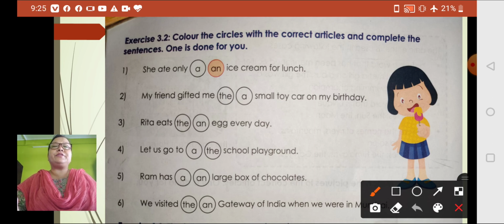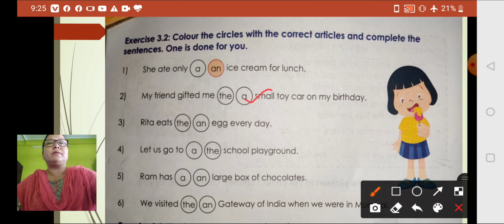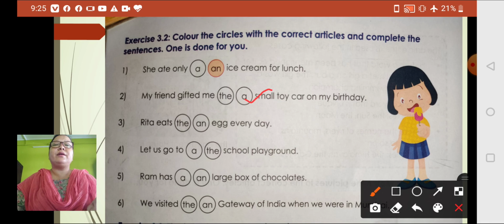My friend gifted me a small toy car on my birthday. So the correct answer is a. Clear?